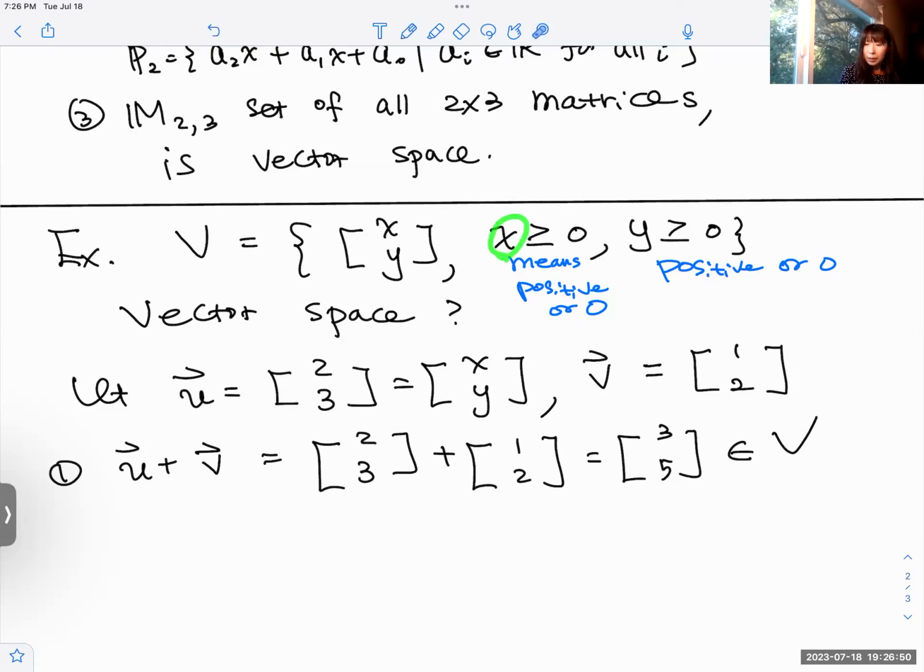Yes, because x is positive, y is positive, so it's also in V. How about the second one? What do you mean? I am showing the vector space by axioms. An individual vector is in the vector space, and then is it closed under addition?